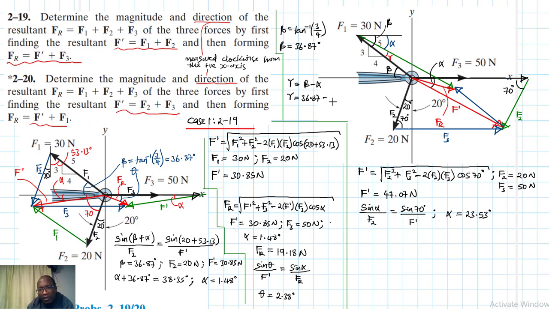What is alpha equal to? Alpha is 23.53. Therefore gamma is equal to 36.87 minus 23.53, which is 13.34 degrees.